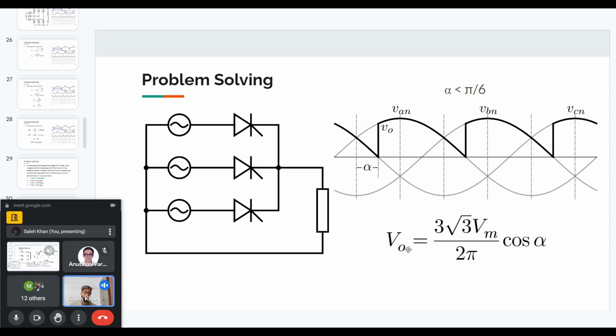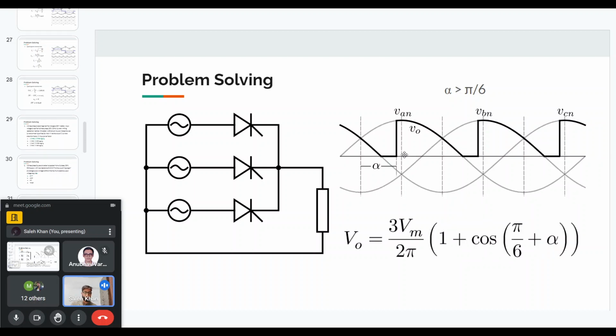Now you can try to see when this voltage becomes 50% of the maximum voltage. But the problem is this: in that case, alpha will be 60 degrees. However, for a purely resistive load, for an alpha greater than 30 degrees, the voltage waveform will change slightly.